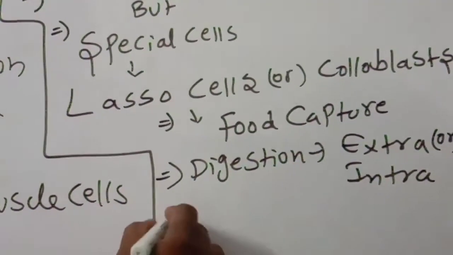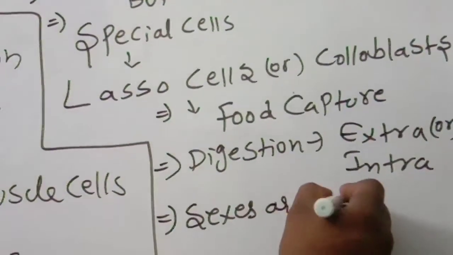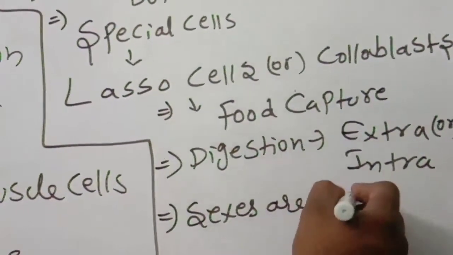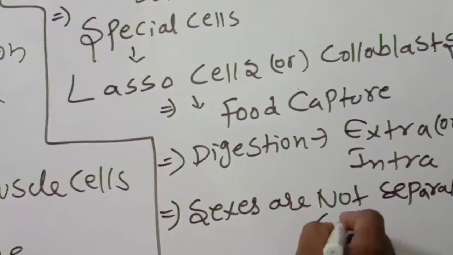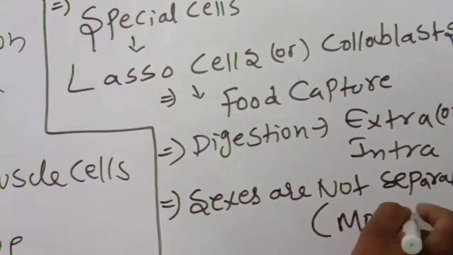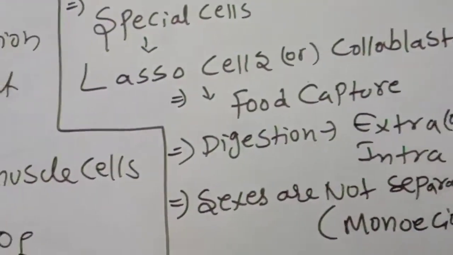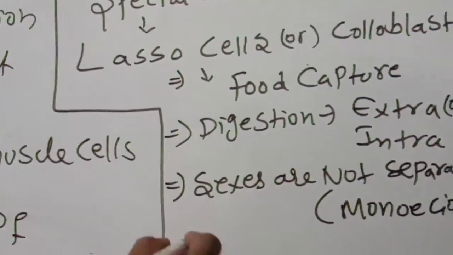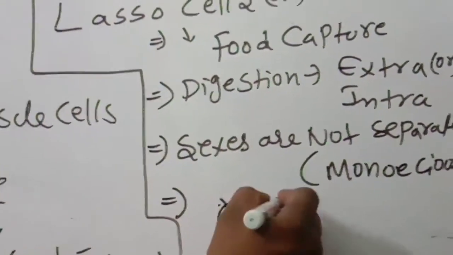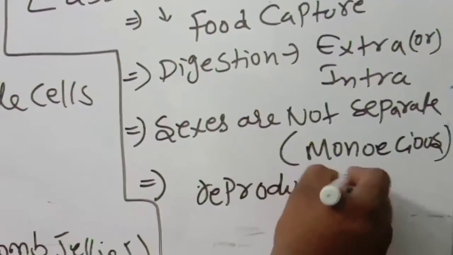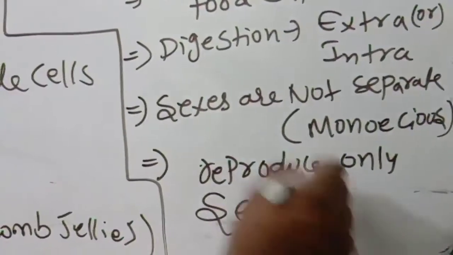Sexes are not separate, which means they are monoecious: both male and female sex organs are in the same individual. They reproduce only sexually, not asexually.